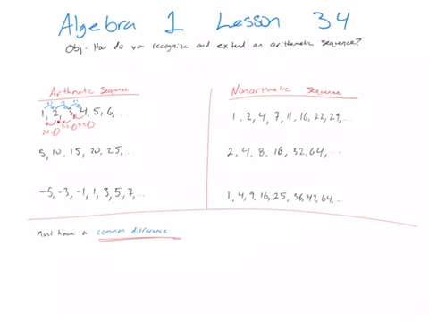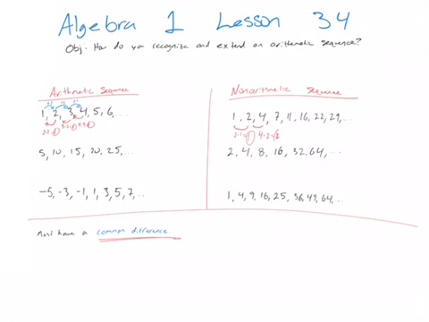So all arithmetic sequences must have a common difference, which means there's a constant number being added to find the next one. Non-arithmetic sequences don't have that. Notice 2 minus 1 gives you 1, but here 4 minus 2 is equal to 2.